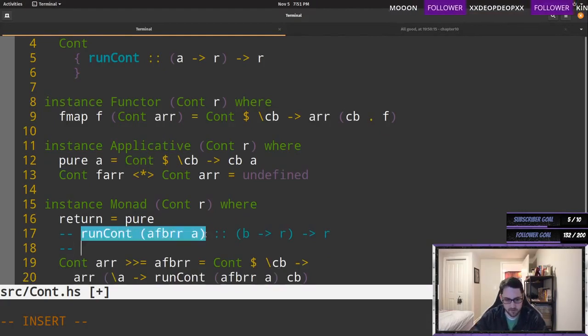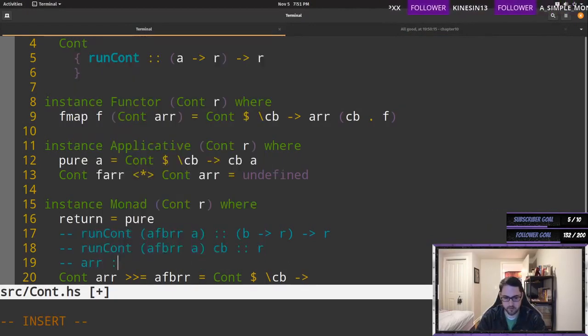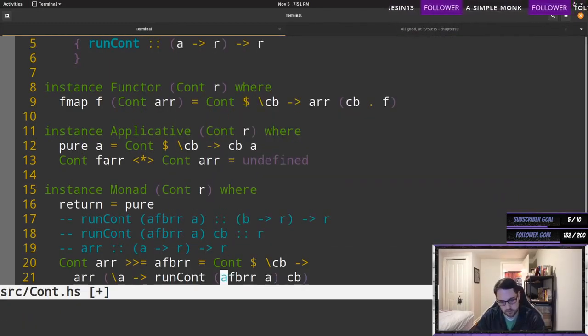Then if I apply the callback, I have an R. And R has type A to R to R.